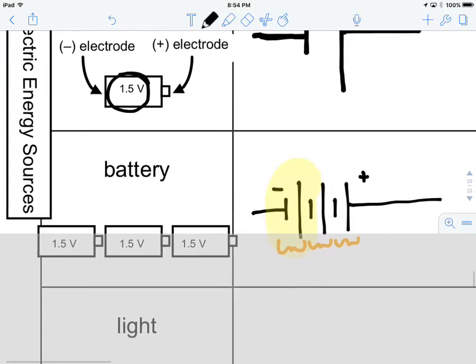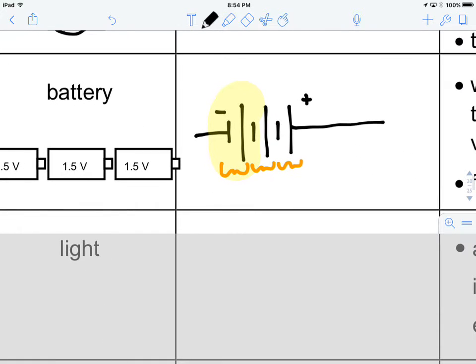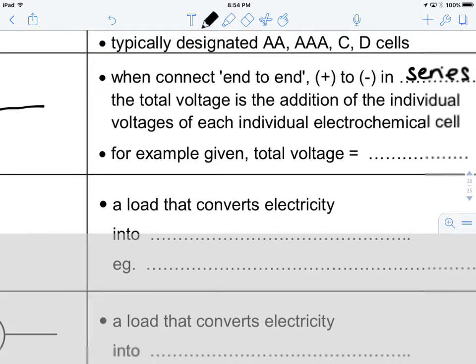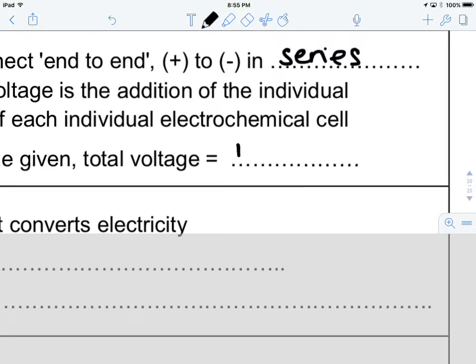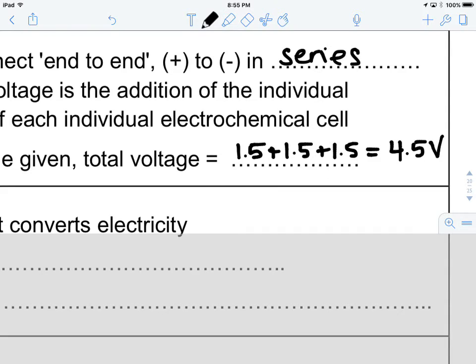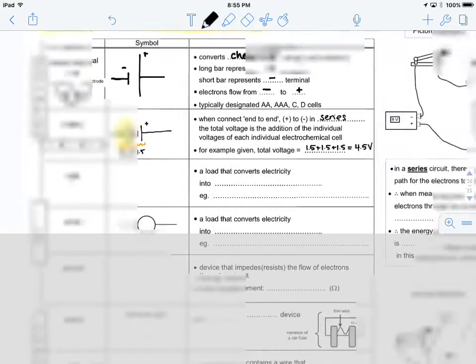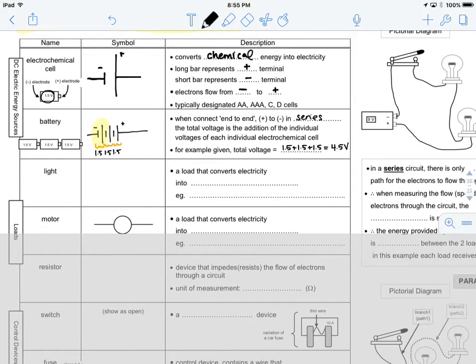If I connect these in a straight line, I've got 1.5 here, 1.5 here, and 1.5 here. So the total voltage, as you may have guessed, would be 1.5 plus 1.5 plus 1.5 for a total of 4.5 volts. Okay, and that's how we do that. So many electrochemical cells together is a battery. One individually, we just call it an electrochemical cell.